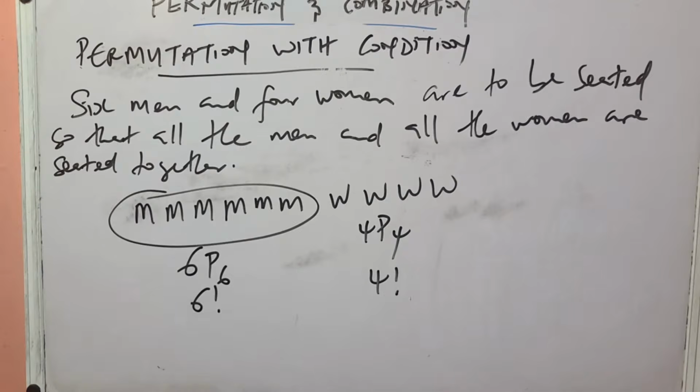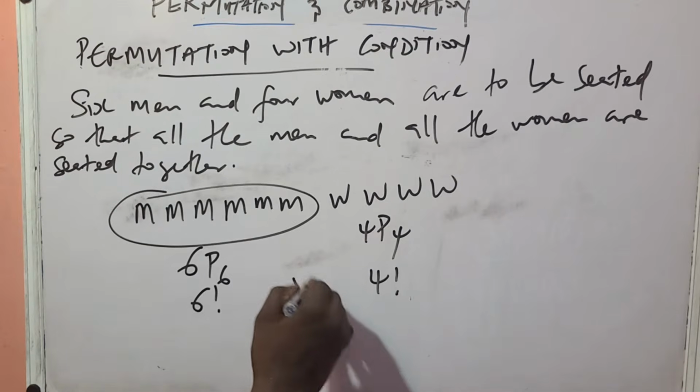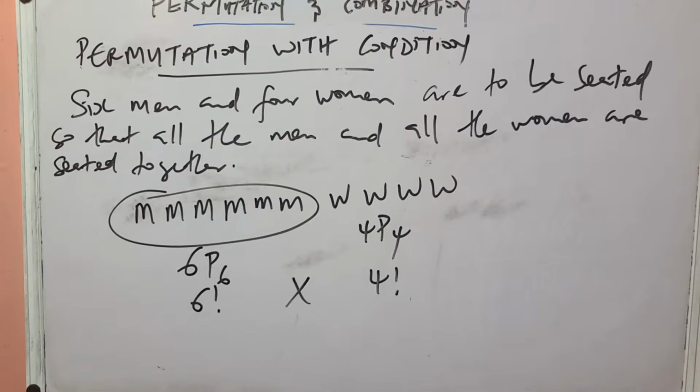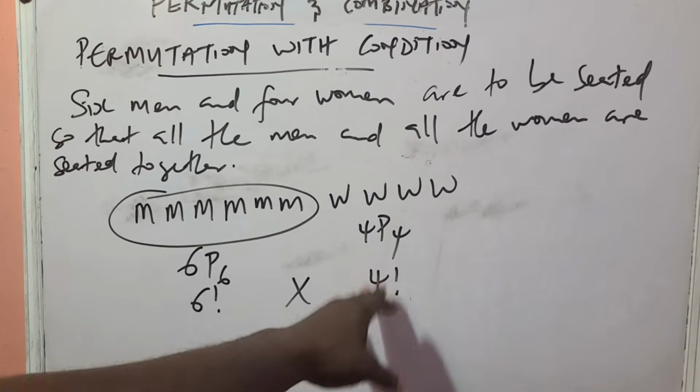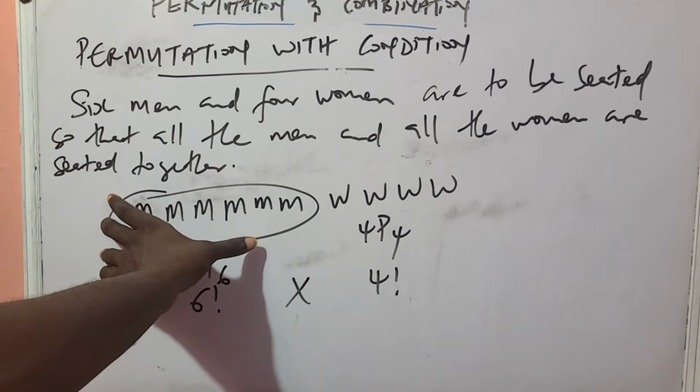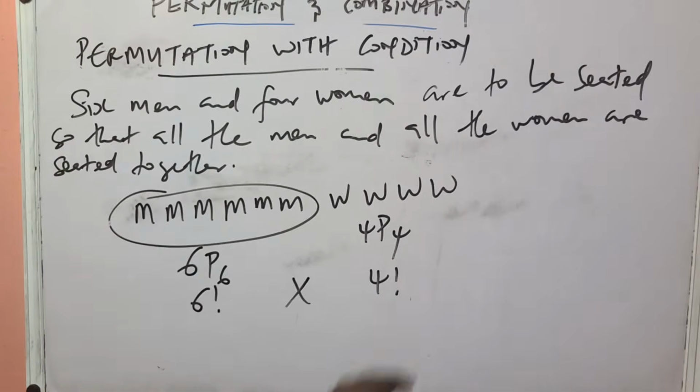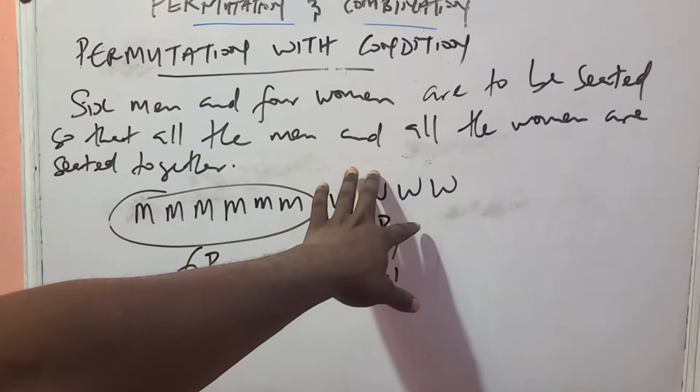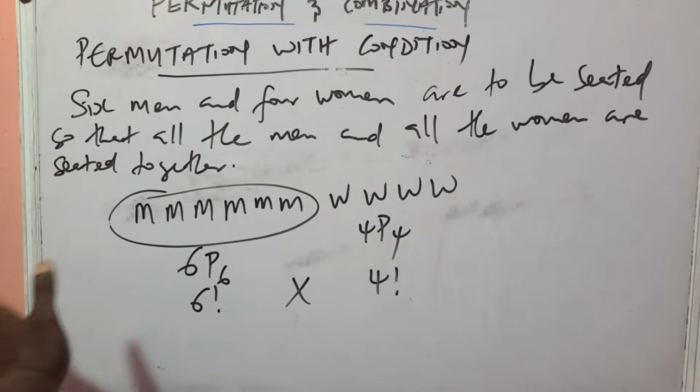Now, somebody there will say the answer is 6 factorial times 4 factorial, right? Is that the answer? Well, that cannot be the answer. You know why? Because even though this is a possibility where the men were first and the women second, it's also possible for women to be the first people seated, then the men came after.